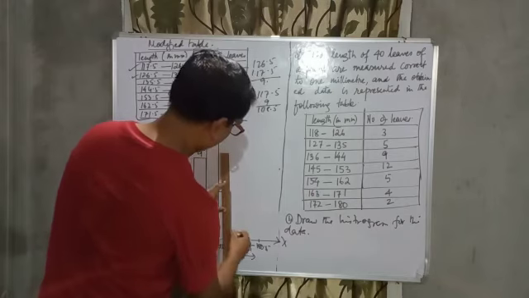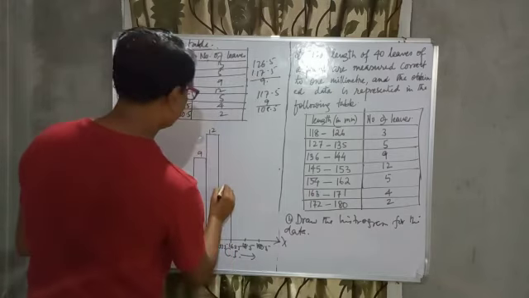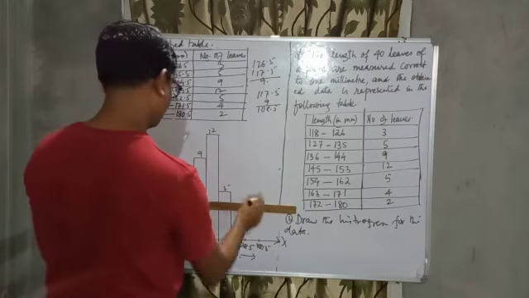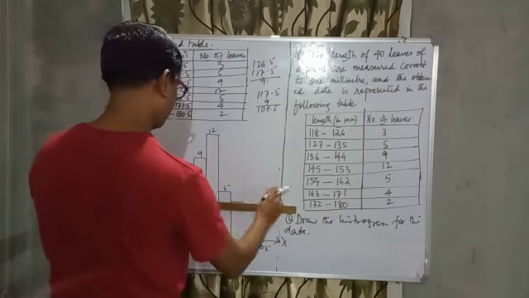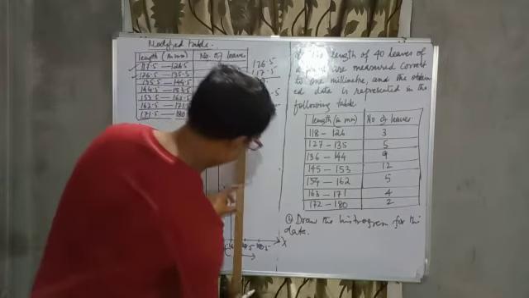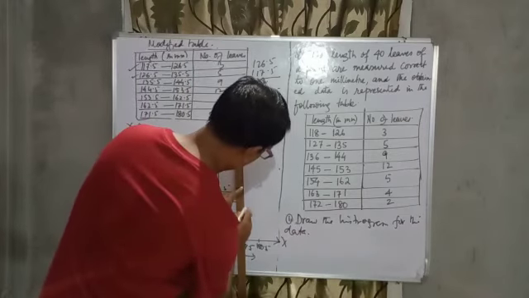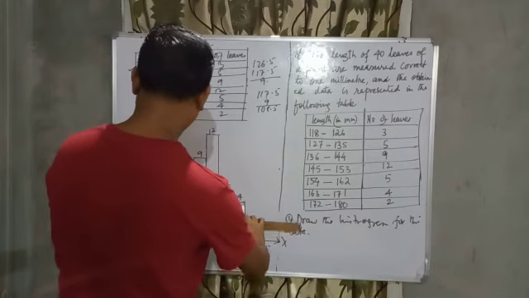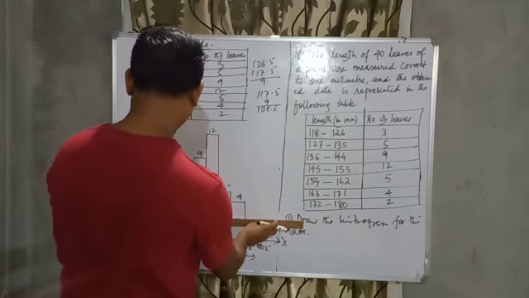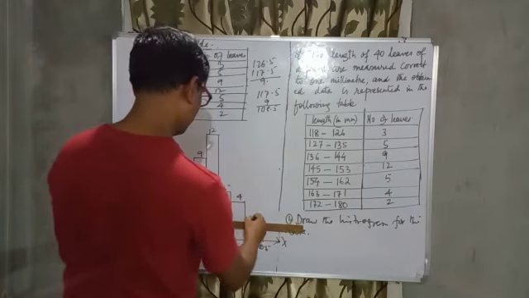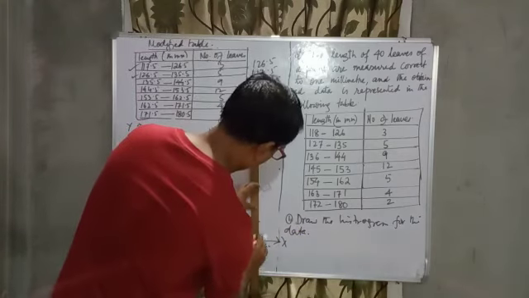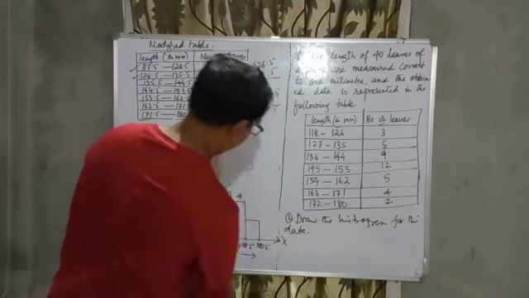This is 5. Next is 4. This is 4. And the last one is 2. This is 2.